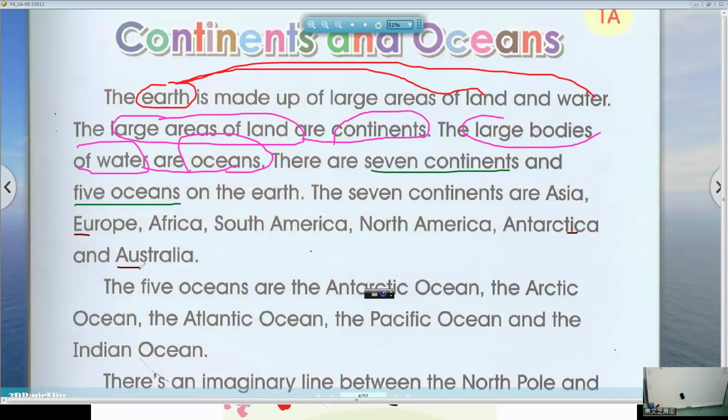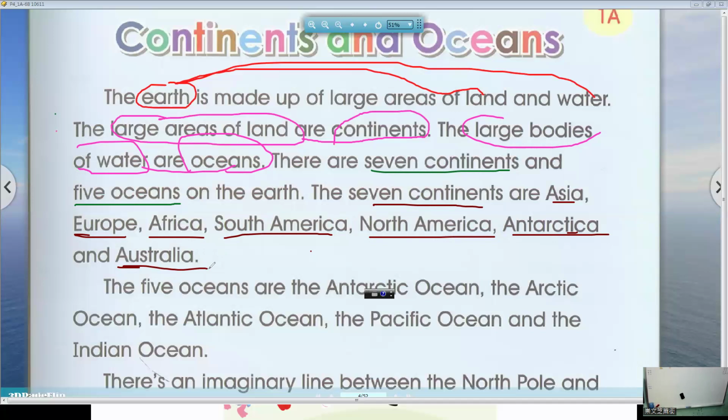AU makes a sound O. Asia, Europe, Africa, South America, North America, Antarctica, Australia.